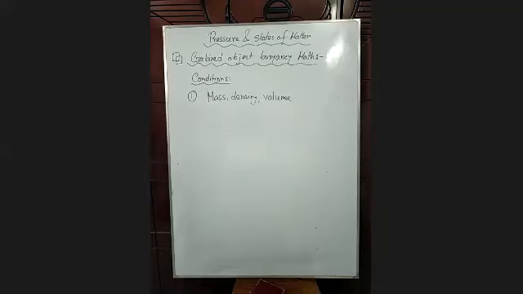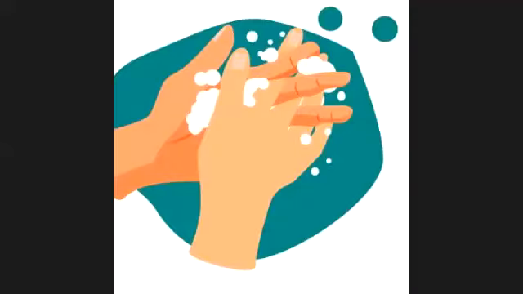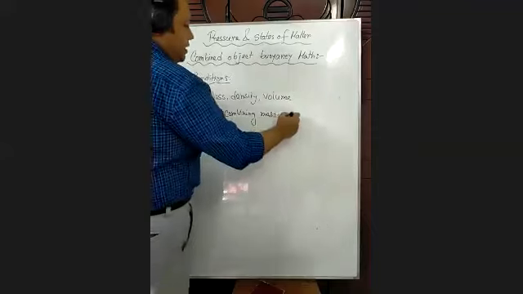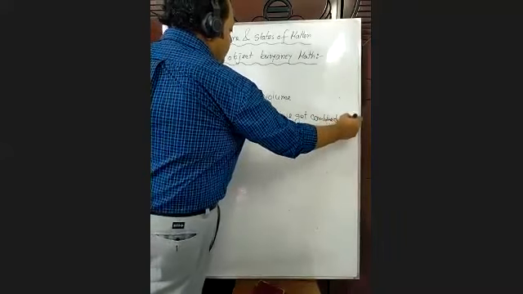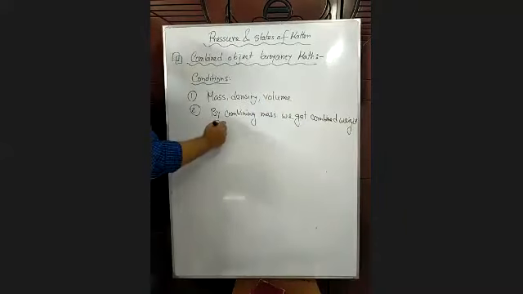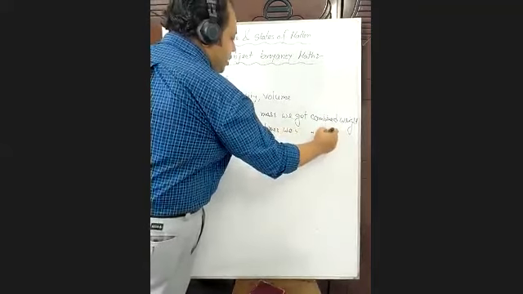So in the second condition, by combining masses, we get combined weight, and by combining volumes, we get combined buoyancy.